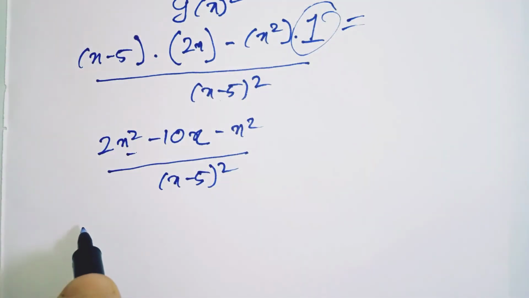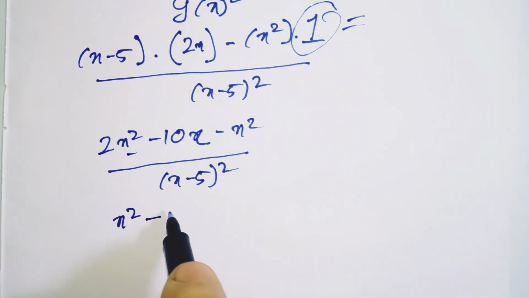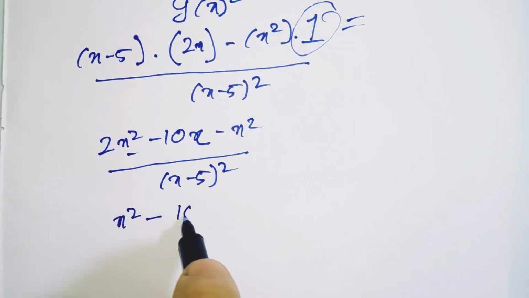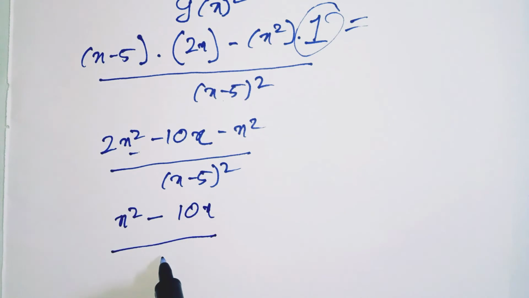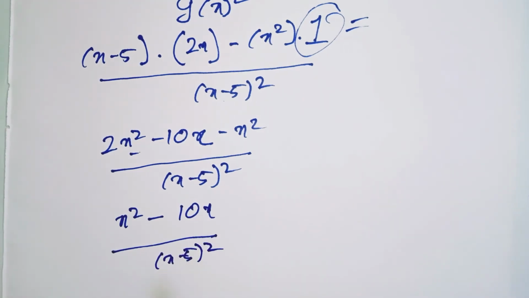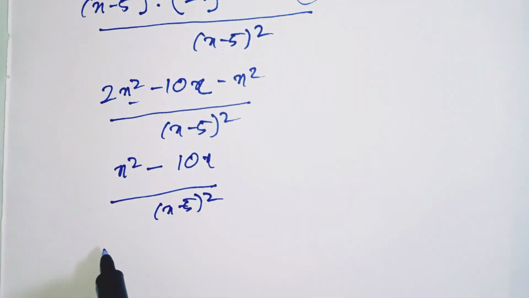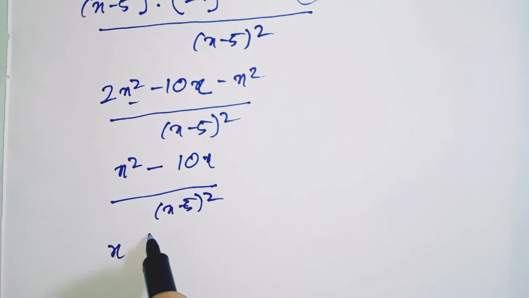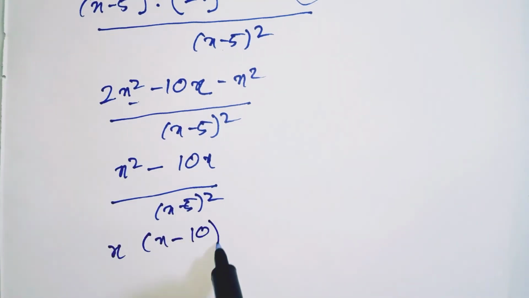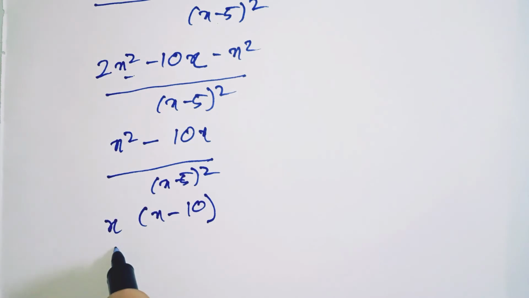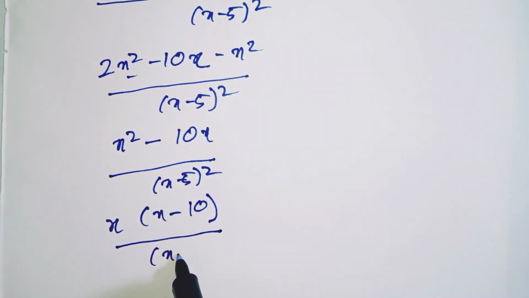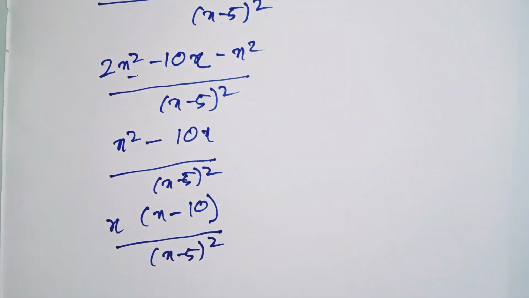So it would be x squared minus 10x, and this would be, as usual, x minus 5 whole squared, right? So we can take x common over here, and we can write it as x minus 10. And we can leave the denominator part, x minus 5 whole squared.